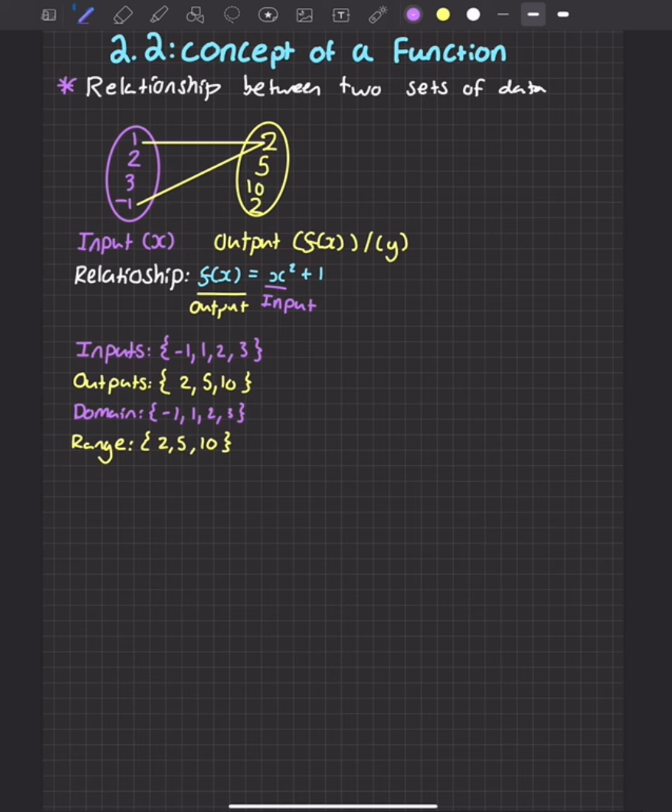Let's say you wanted to find more outputs, meaning you wanted to have more inputs. And let's say you want your new domain to be every single number between -1 and 3. So you want -1, you want to find the output of 0.5, minus 0.2, 0.11111, all infinite numbers between -1 and 3.